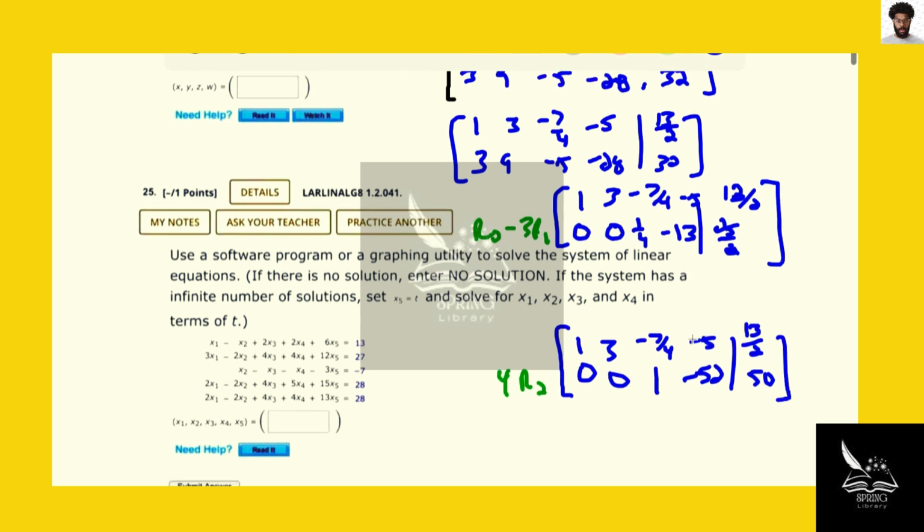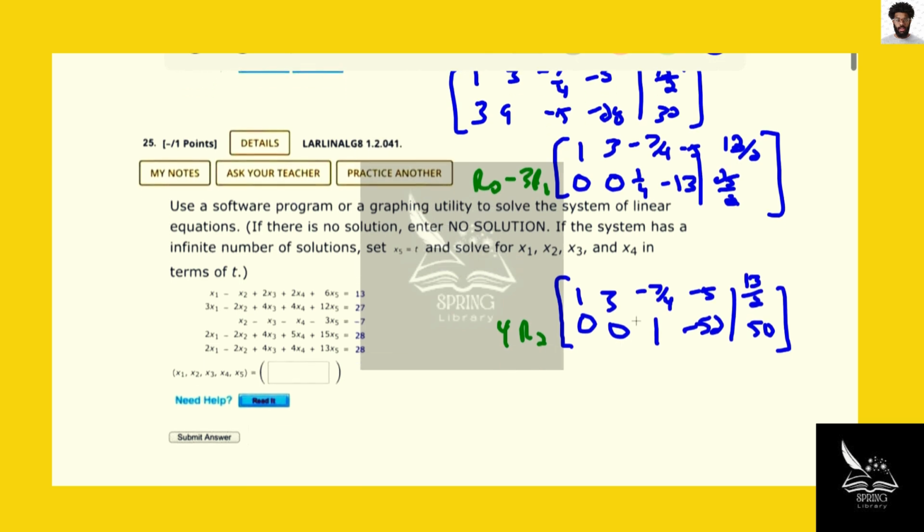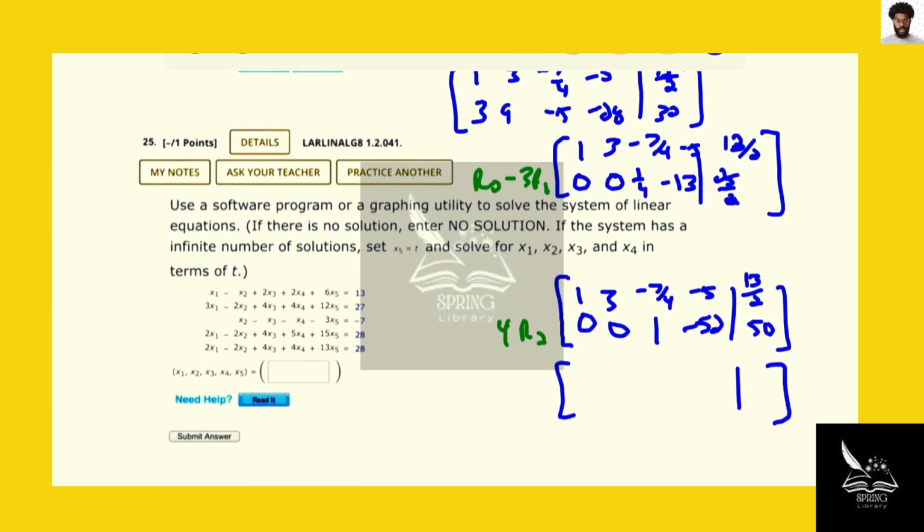Then we can get a 0 above the 1 in row 1 by taking row 1 and adding 7/4 of row 2.